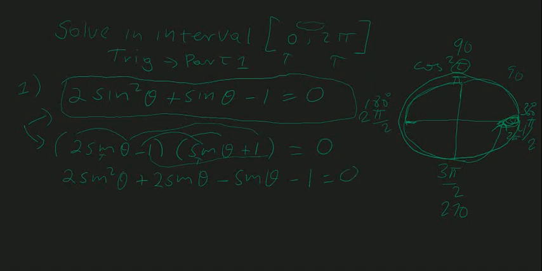Equal to 0. Now 2 sine square has a power of 2, none of the others do, so you just rewrite it. Now combine the terms: plus 2 sine minus sine angle. Because this one has a 1, 2 minus 1 is 1 sine angle, and this is standalone, negative 1, equal to 0.